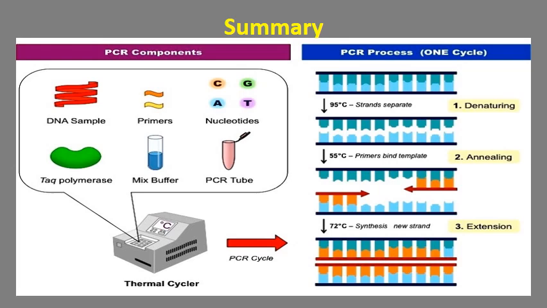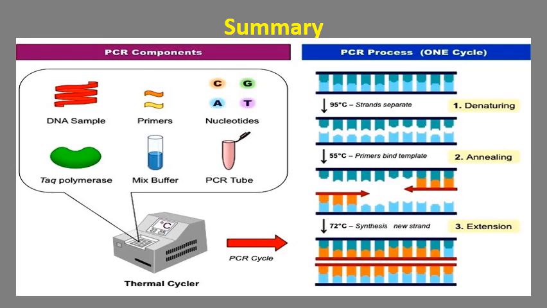All of this is put into a PCR tube. The third scope of PCR includes the PCR process as thermal cycles. Each cycle consists of 3 stages: denaturing, annealing, extension. Each one depends on the temperature.